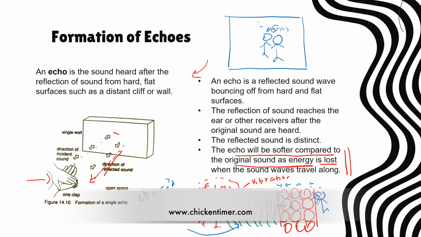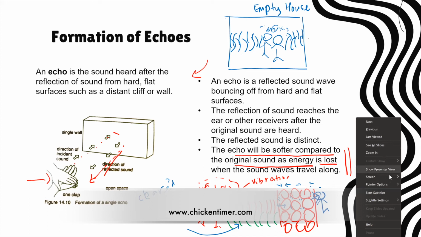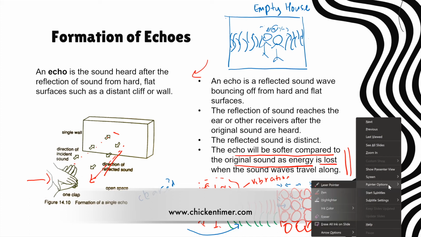Because when the room is empty, you speak, the sound goes out to the wall, and because there are only 4 walls, one ceiling and one floor, the number of reflecting surfaces is quite low. So you will create an echo and the sound will come back to you. The sound wave goes into your ears and you hear the echo.